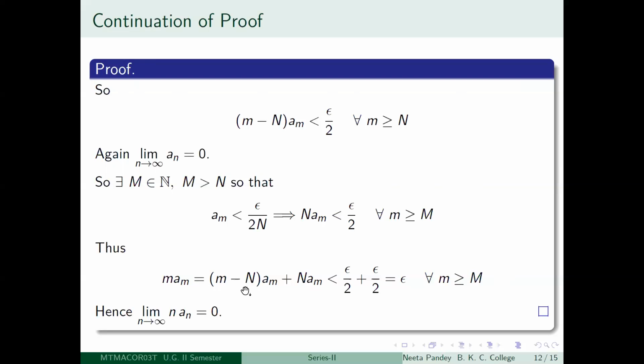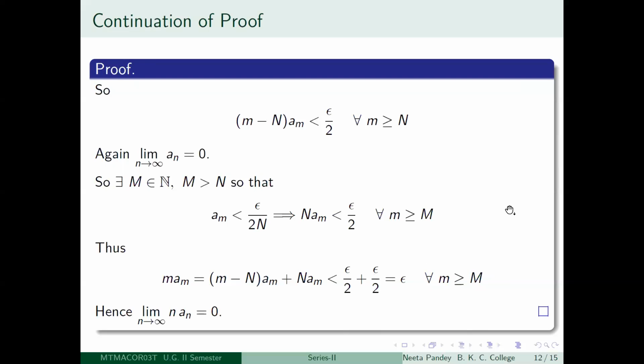Now (m minus capital N) times am is less than epsilon by 2, because m is greater than capital N, this will happen, and capital N times am is also less than epsilon by 2. So what do you get? You get mam is less than epsilon for all m greater than or equal to capital M.